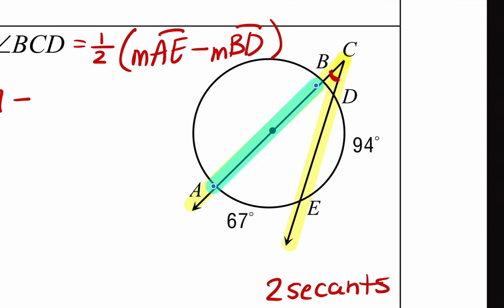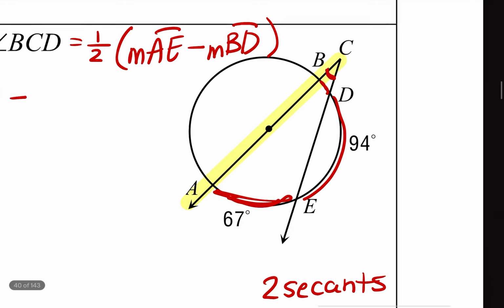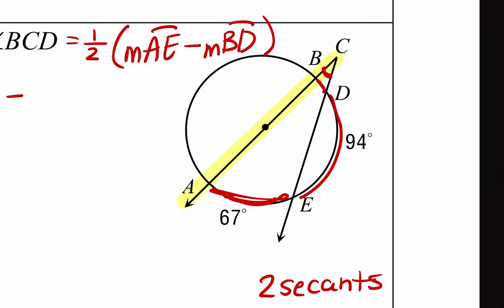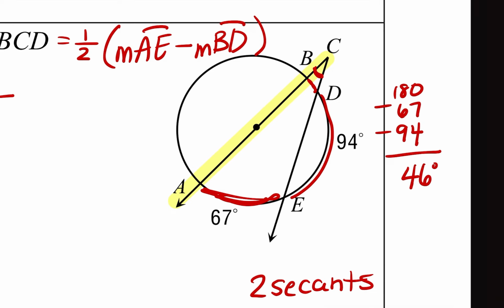Meaning that this arc plus this arc should total to, watch me draw it out, 180 degrees, right? So in that case, all I have to do is 180 minus 67 minus 94. And that is going to give 46-degree arc.